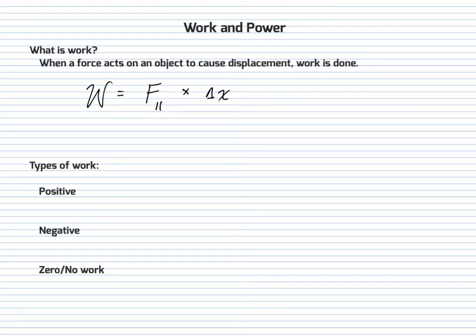Now our units for work, if we relate back to our unit on forces, we know that our units for force are newtons and our units for displacement are meters. Now we could say that our units for work are a newton times a meter. However, we simplify those and we say that the unit for work is called a joule, and we abbreviate that with a J.